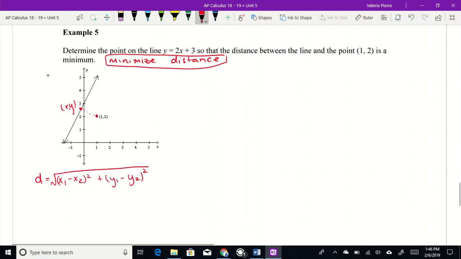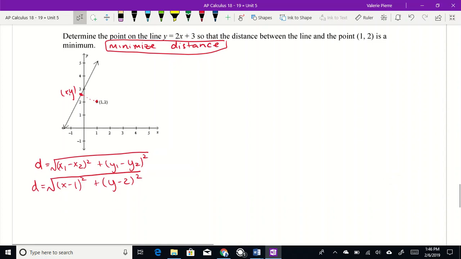So our first point is x and y, and our second point is 1 and 2. So we can rewrite this distance equation as the square root of (x minus 1) squared plus (y minus 2) squared.